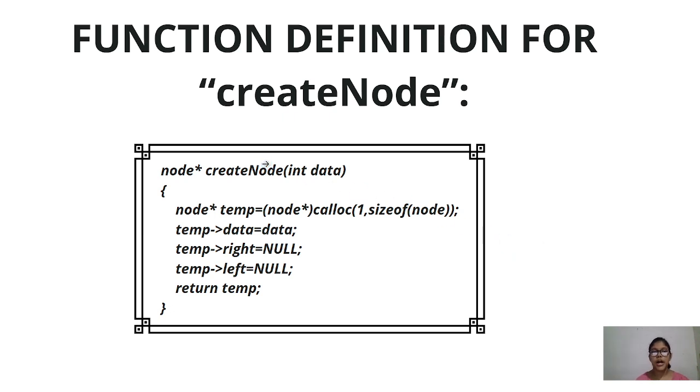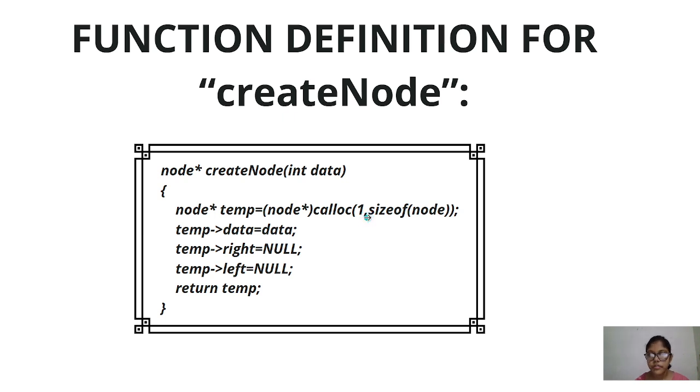Now how we will define the create node. Node star temp is a temporary variable of node star type. Here we can see that we are using calloc for the reason we explained in the previous slides. One division is 1 because at a time we are creating only one division.